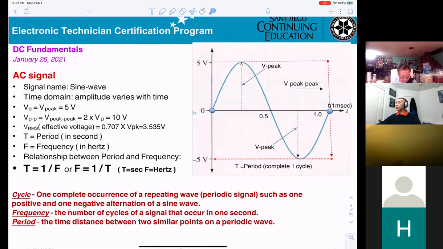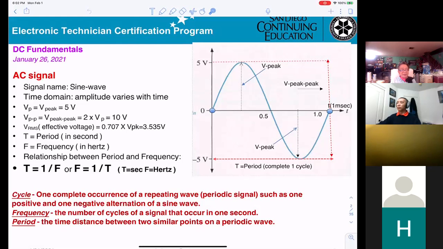Frequency: the number of cycles of a signal that occur in 1 second. And period: the time distance between two similar points on a periodic wave. That covers everything regarding the sine wave.